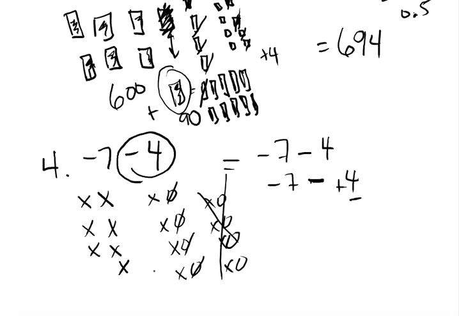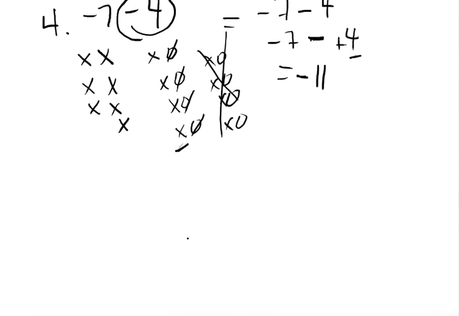And so I count only my negatives. So I have 7, 8, 9, 10, 11. So my answer is 11, but it is a negative 11 because I have X's left over, or, if it's integer chips, they would be black integer chips left over. So this method works really well.